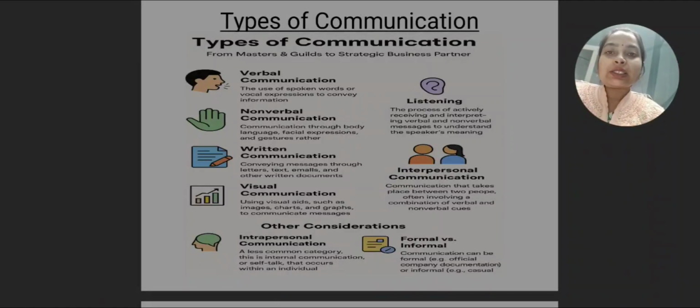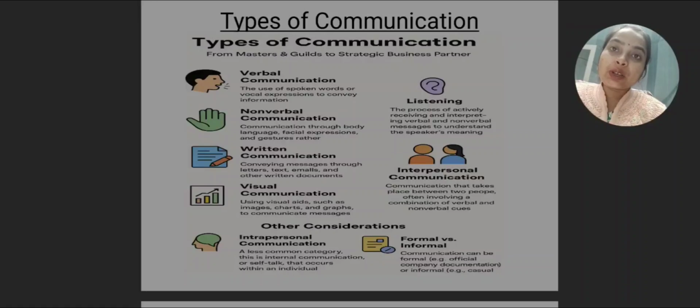The next part is written communication, where we use writing to convey messages through letters, emails, and texts. The next part is visual communication. Visual communication is where we can see and watch things by using charts, graphs, and other elements.